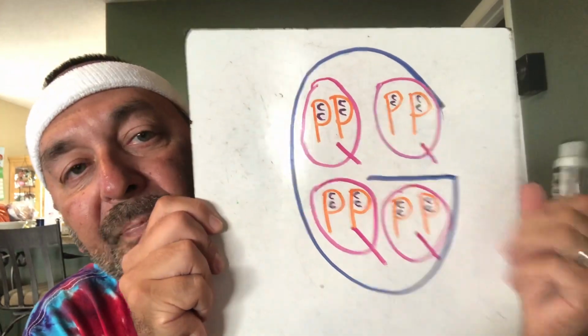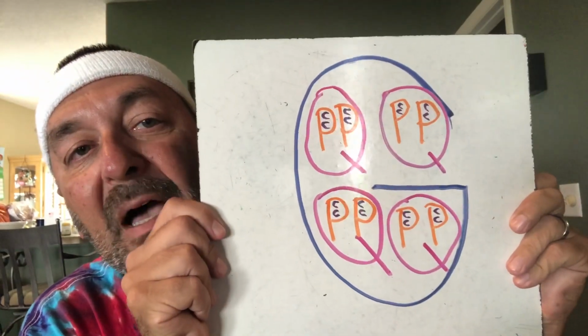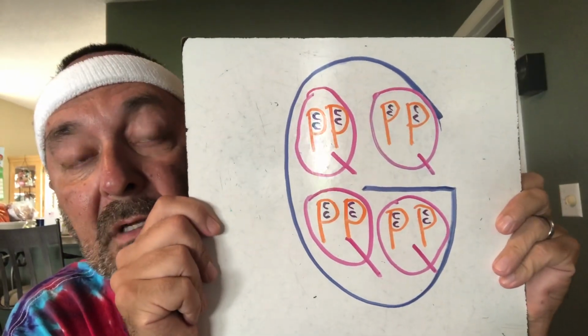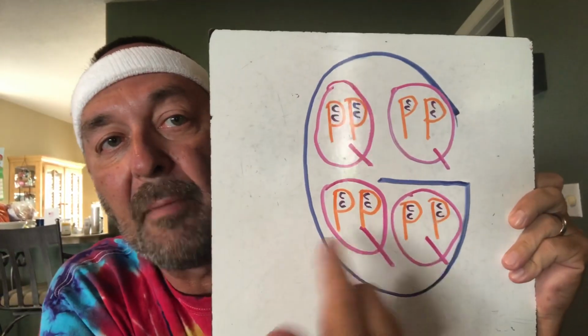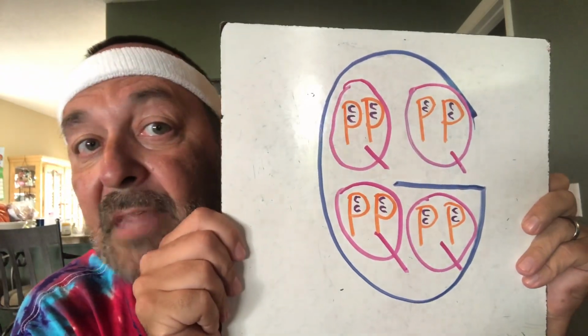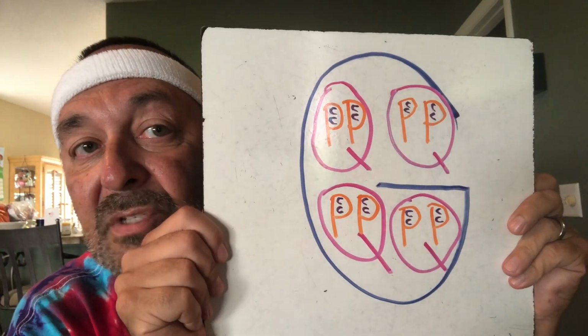What about, how many pints are in a gallon? Well, this is 1 gallon, so how many P's do I have in there? Looks like 2, 4, 6, 8. 8 pints equals 1 gallon.